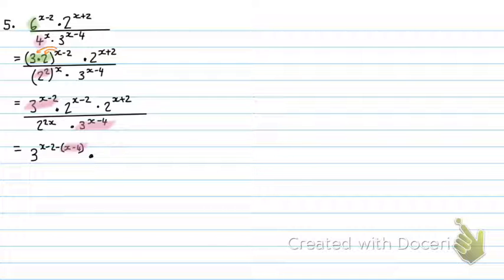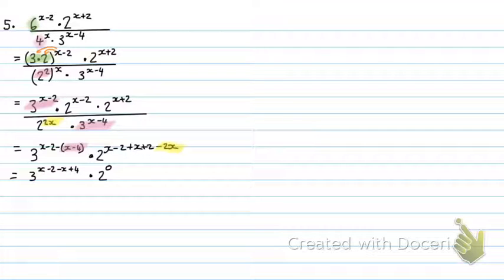And the base 2 is 2 to the power x minus 2 plus x plus 2 minus 2x. Okay, just to get rid of the bracket, it's going to be 3 to the power x minus 2 minus x plus 4 and 2 to the power 0.